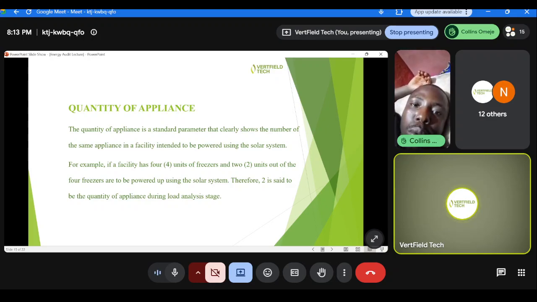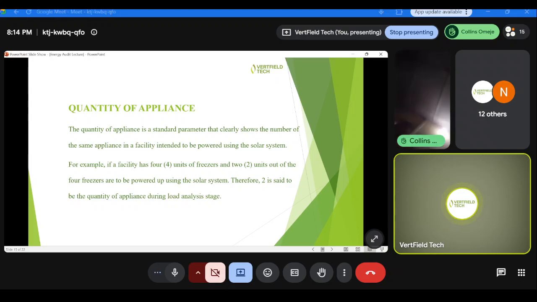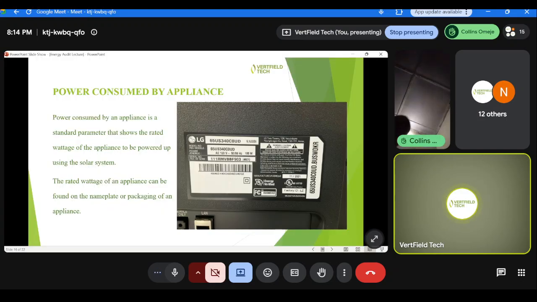In that apartment, he has a TV in each of those rooms. So if we are to power up two TVs out of those three, on our table of load analysis, what we'll be putting there will be two TVs. So the quantity of TVs to be powered up using the solar system would be two. That is what quantity of appliance simply means.